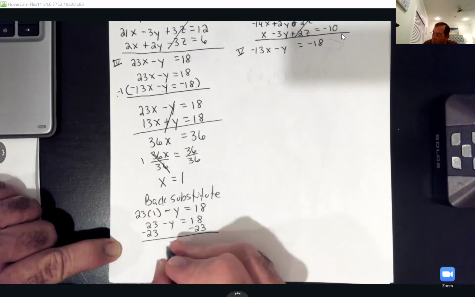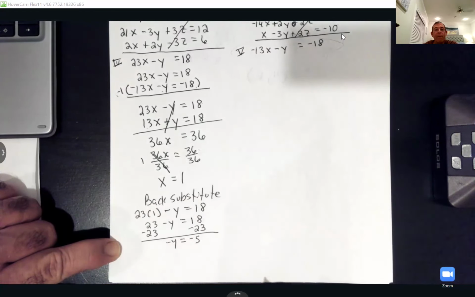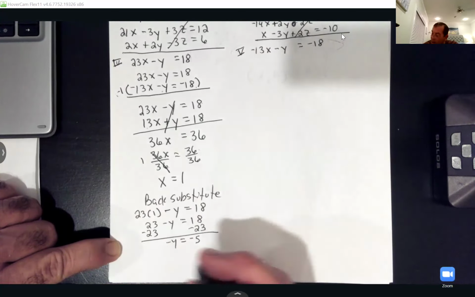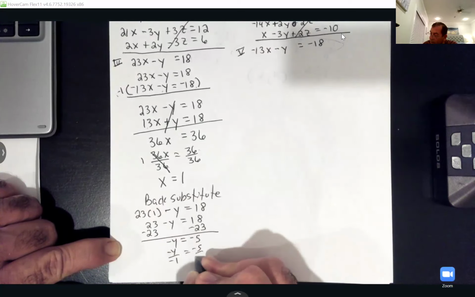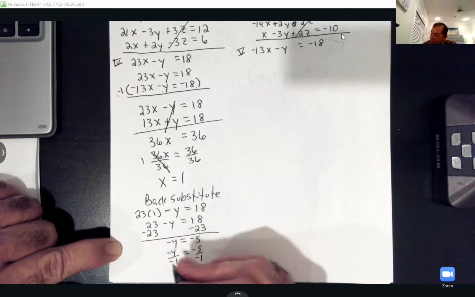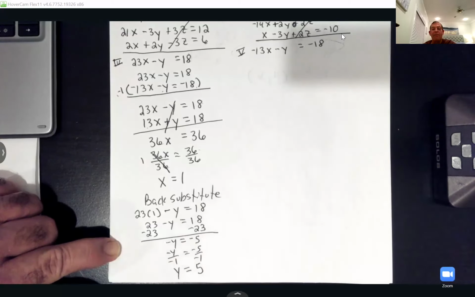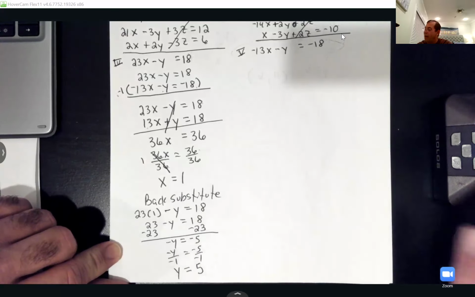I get a negative y equals a negative 5. And then remember, divide both sides by that negative 1, because our y has to be positive. So negative divided by negative makes that a positive y. Negative divided by negative makes that a positive 5 on that side. So x is 1, y is 5.